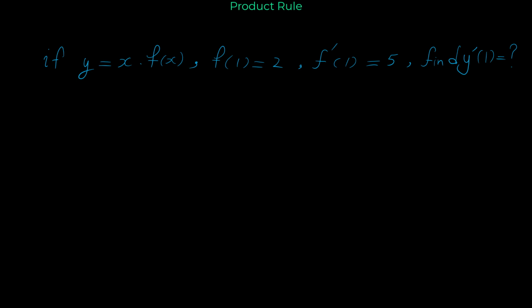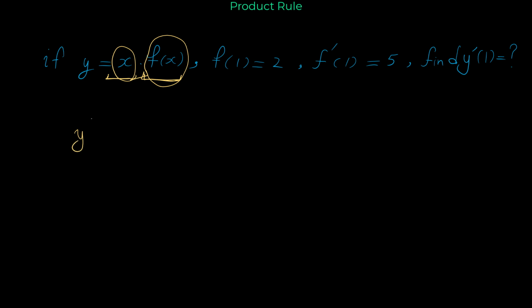So first we have to find the derivative of this given function. Attention, for finding the derivative of x times f of x, we have to use product rule. We have two functions multiplied by each other, x times f of x.